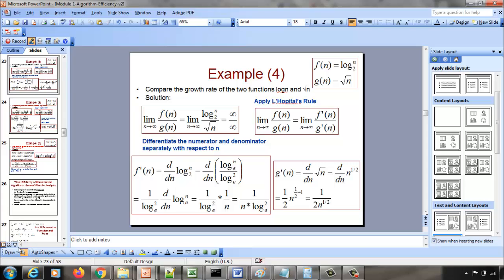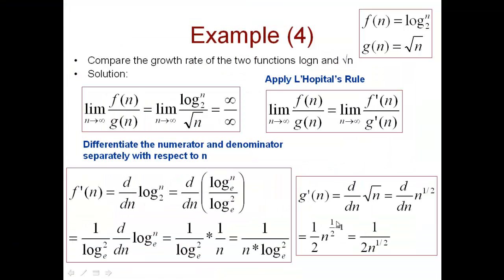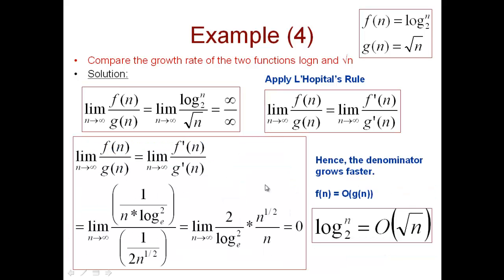K times n raised to k minus 1. Now half minus 1 is negative half. So it is n raised to negative half in the numerator, so I can bring it down, so that will be n raised to positive half. Okay, so 1 over 2 n raised to negative half becomes 1 over 2 n raised to positive half in the denominator.